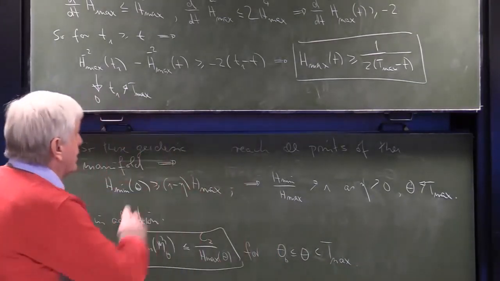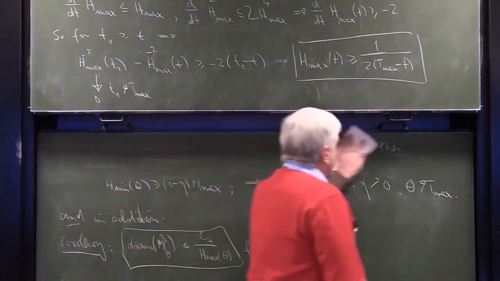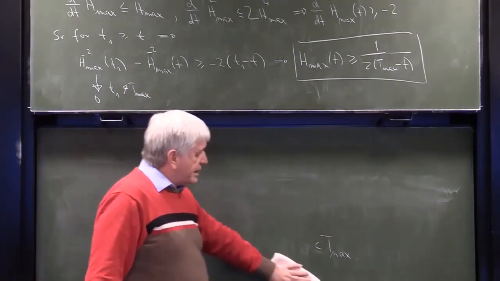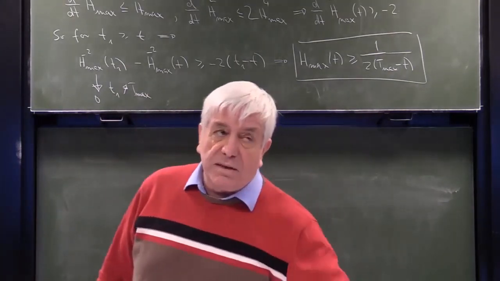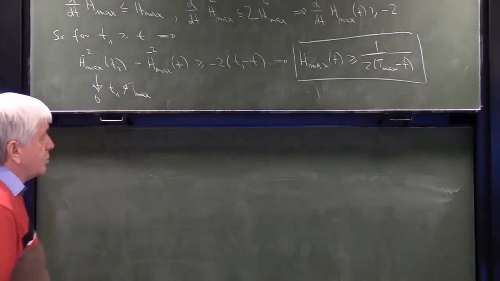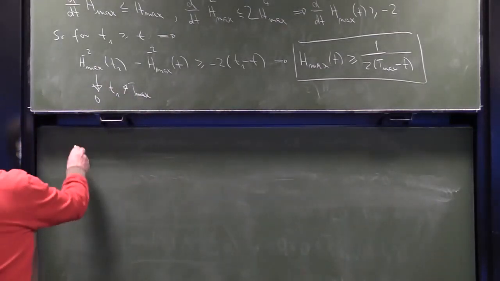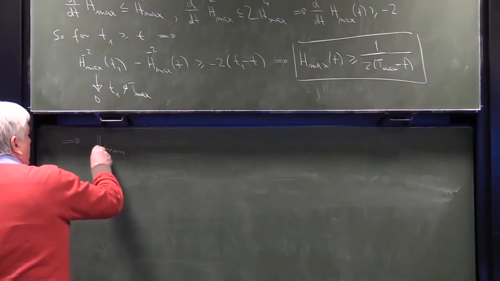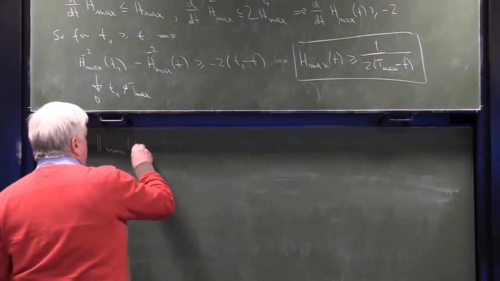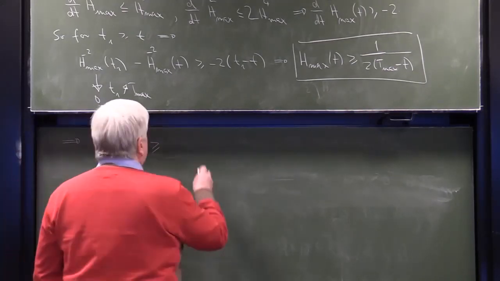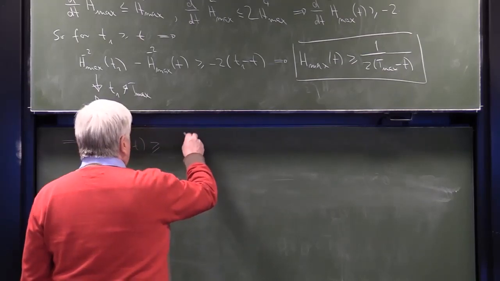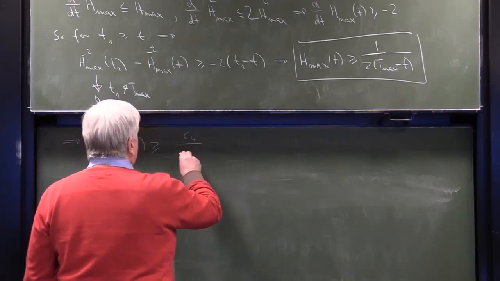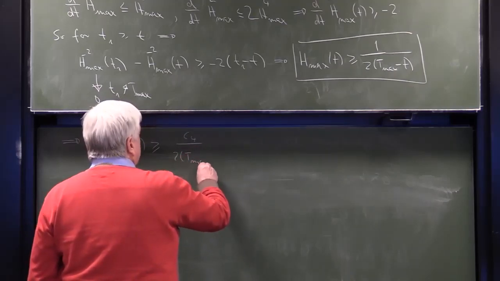On the other hand, we know that the minimum is at least a fraction of the maximum, since the ratio between minimum and maximum tends to 1. So this implies that h min of t is bigger than some C4 divided by the square root of 2 times the remaining time.